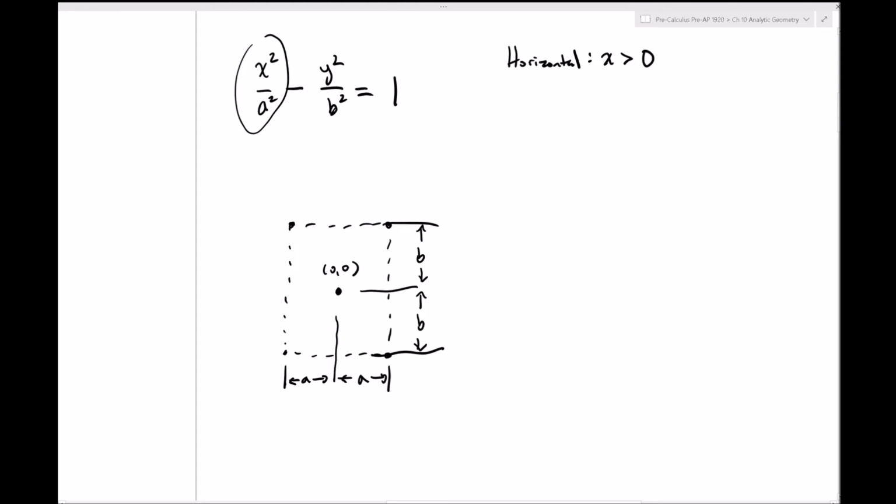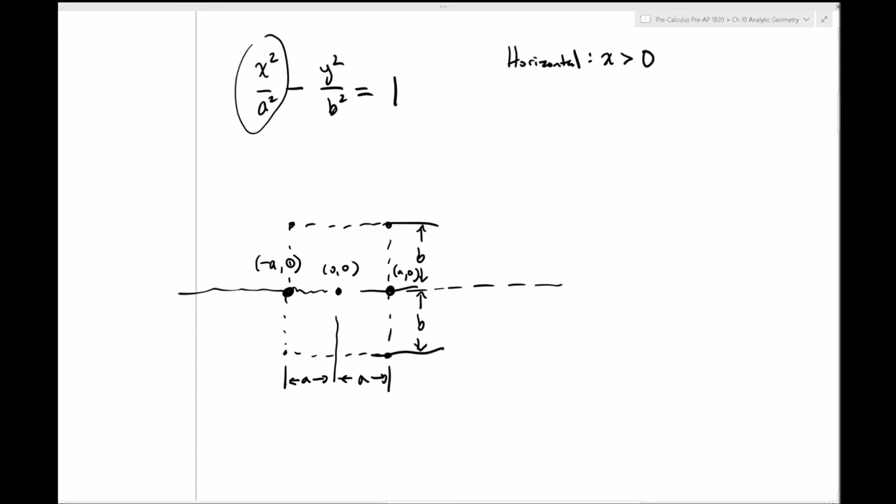So there are other situations where it could be slanted. Okay, so in this case it's horizontal. So then your vertices are along the horizontal axis. Let me draw a horizontal axis. So your vertices are in the same horizontal line that the center's on. So this is vertex 1, vertex 2. This is negative A, comma 0. This one is positive A, 0.